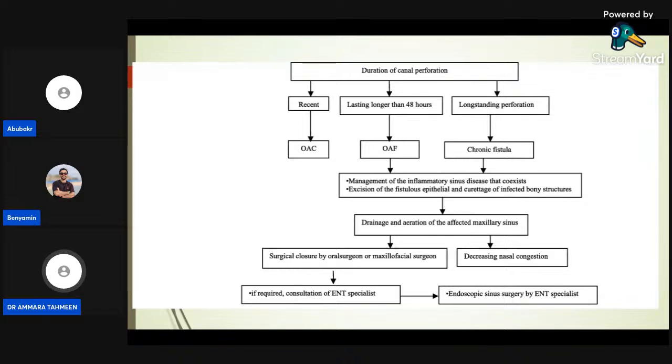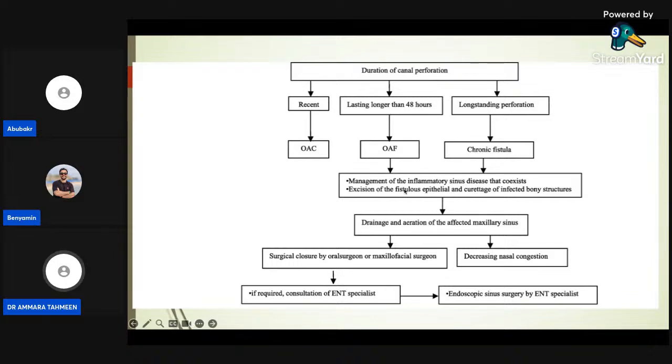If it has lasted longer than 48 hours, like if you have done an extraction and did not find any signs of oroantral communication, and the patient did not complain of any symptoms on the chair, and imagine the patient has left the clinic and reports back after 48 hours, when you examine intraorally, you can see epithelialization and an exchange of fluids from the oral cavity into the sinus.